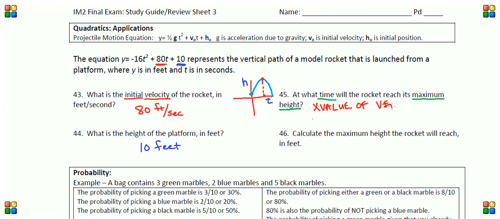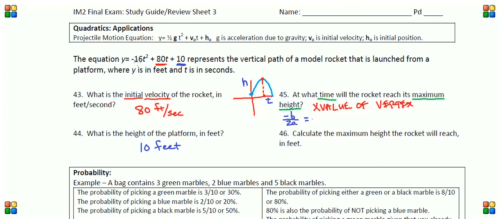The x value of the vertex. And we've learned that the equation for the x value of the vertex is negative b over 2a. Whoops, I wrote a. Negative b over 2a.